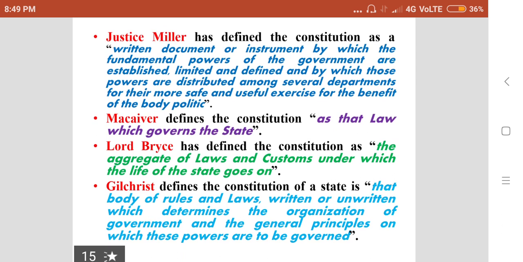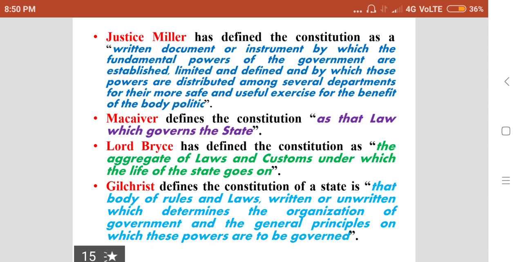Justice Miller has defined the Constitution as a written document or instrument by which fundamental powers of the government are established, limited, and defined, and by which those powers are distributed among several departments for their more safe and useful exercise for the benefit of the body politic.